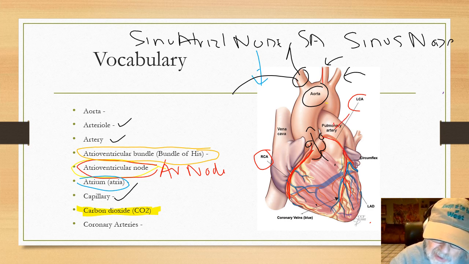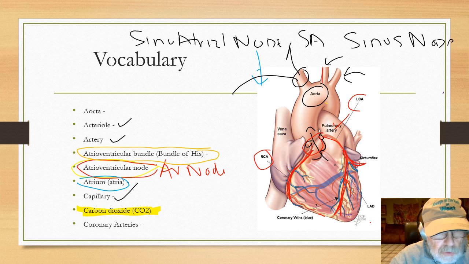And then they send branches out. This is called the left anterior descending. The right coronary artery has a right posterior descending. There's also a branch called the circumflex that comes around this way, and the left anterior descending comes down this way. This is how the heart gets its blood supply, through these arteries that come off the aorta.